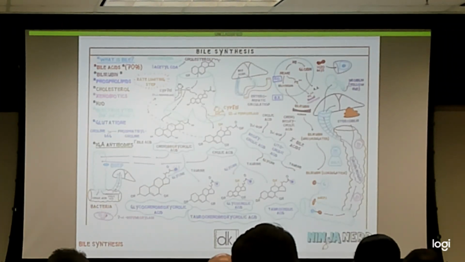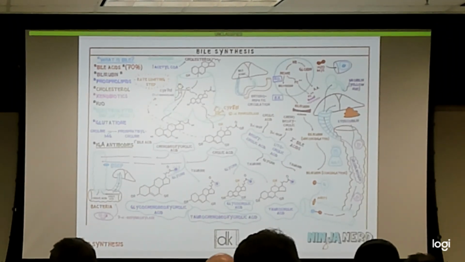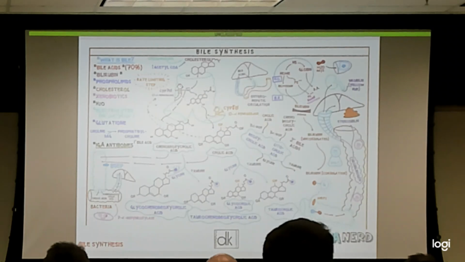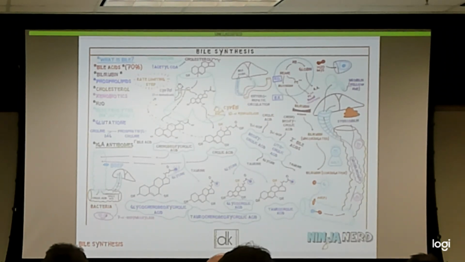And this is a really cool slide. If you want to stare at it for a while, you can probably figure it out. Bile has bile acids, bilirubin, phospholipids, cholesterol, and xenobiotics. What are xenobiotics? That's outside stuff that comes in that's mixed in with your bile. And then you've got some electrolytes and glutathione.